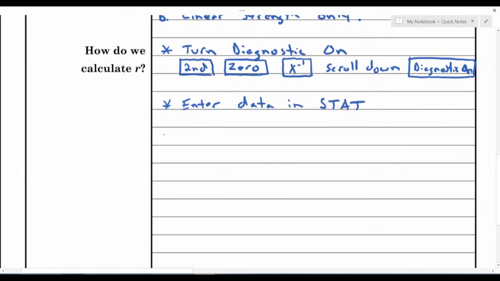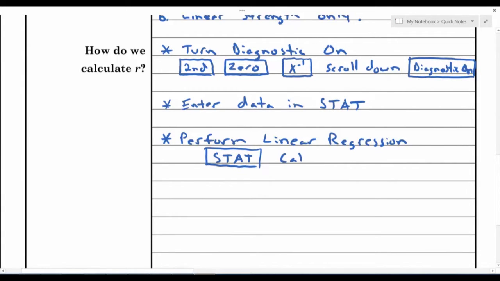Then we will perform our linear regression. This is the stat calc 4 process. Stat calc and then 4.